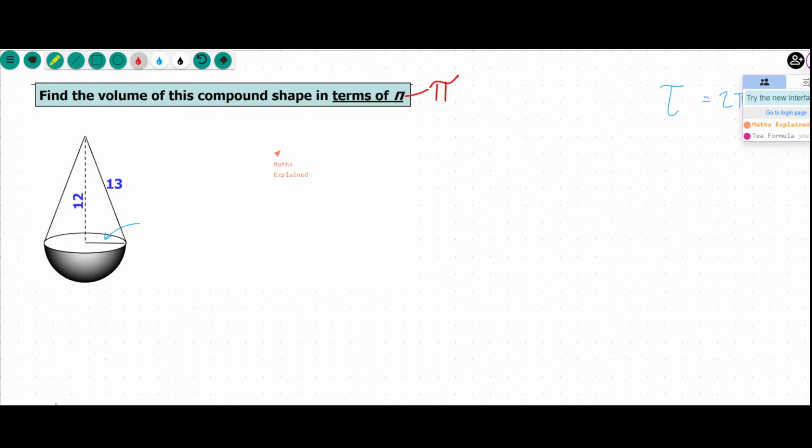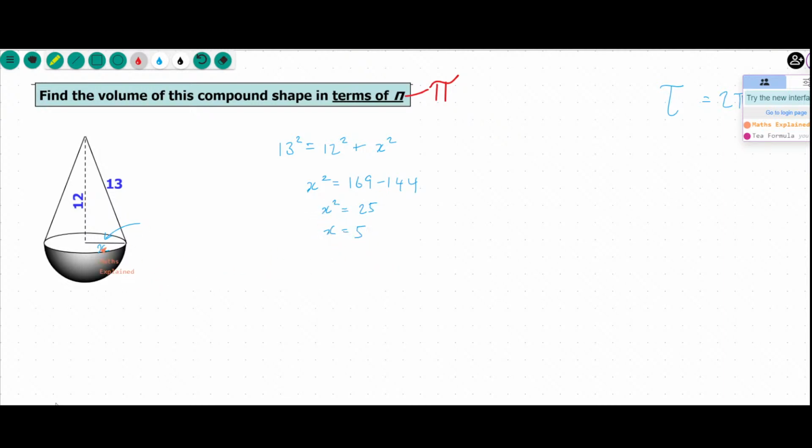But let's check. So we know 13 squared equals 12 squared plus something squared. Let's just call it x. And so x squared is 13 squared take 12 squared, which is 25.